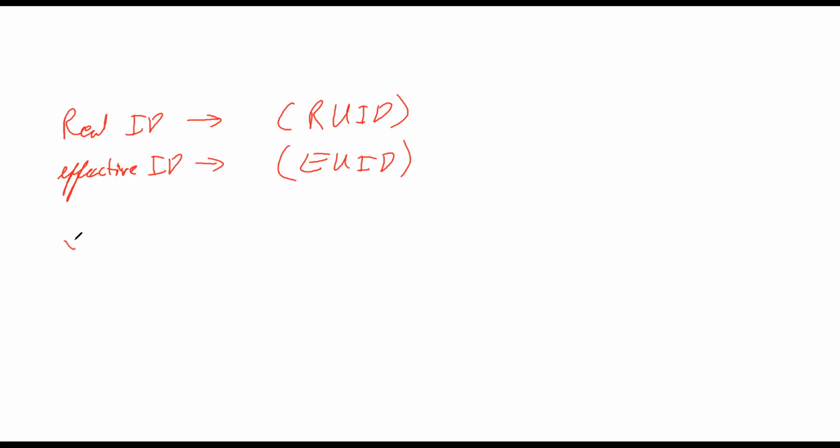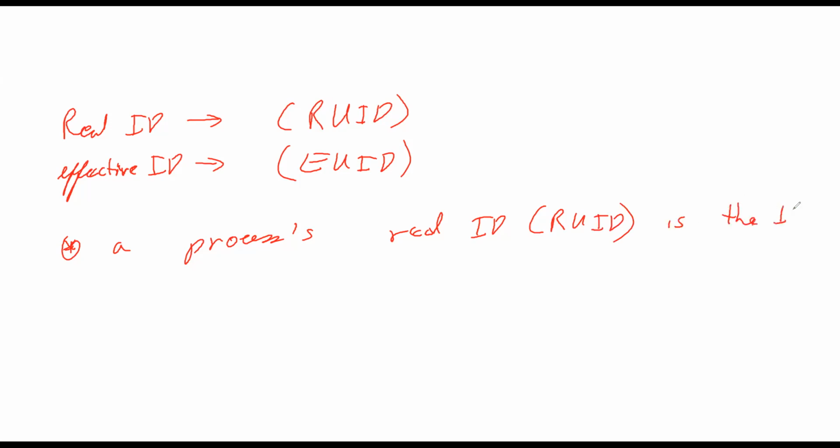So the formal definition is as follows. A process's real ID, or real UID, or RUID, okay, is the UID of the user who started it.